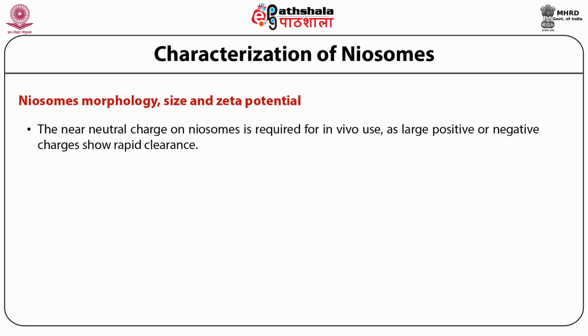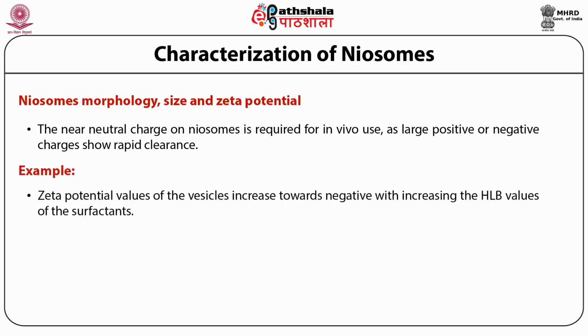The near neutral charge on neosomes is required for in vivo use, as large positive or negative charges show rapid clearance. For example, zeta potential values of the vesicles increase towards negative with increasing HLB values of the surfactants.